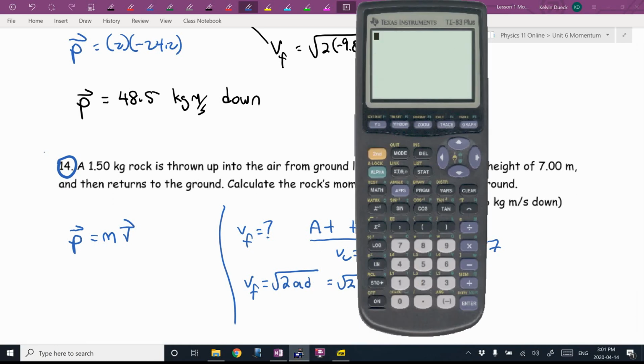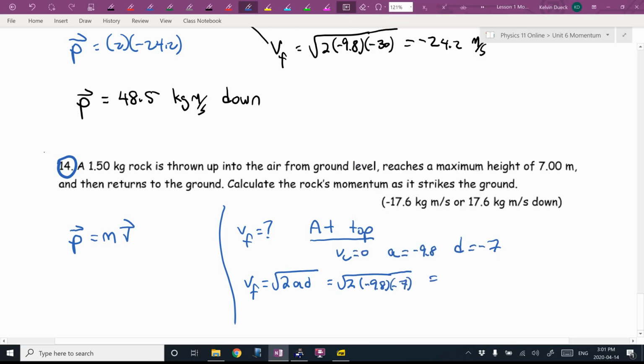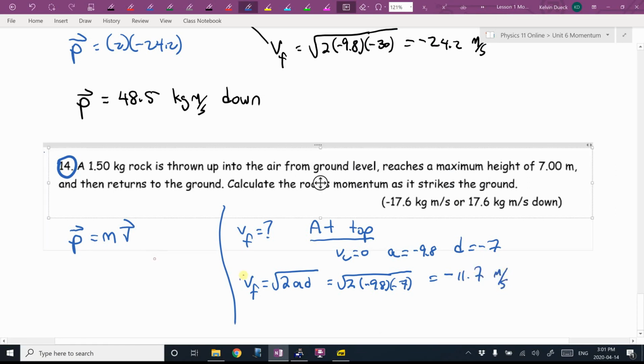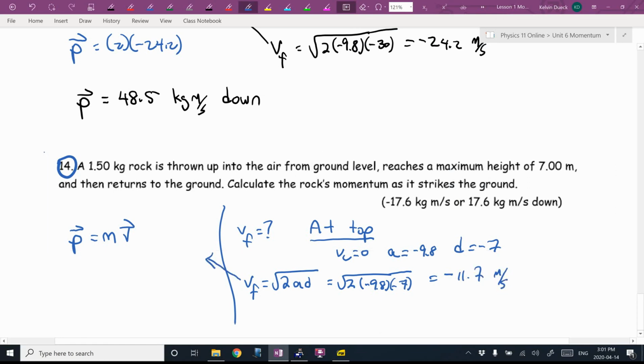I got 11.7. Again, this is negative or down, so I said negative 11.7 meters per second. And again, I'm going to use my answer button. But now I can get my final answer.